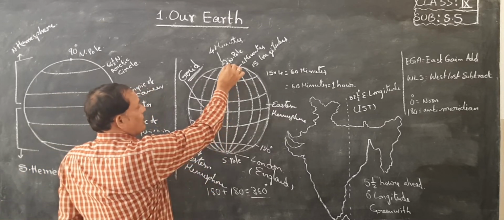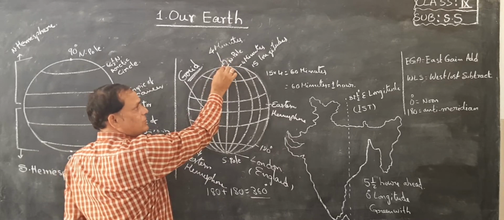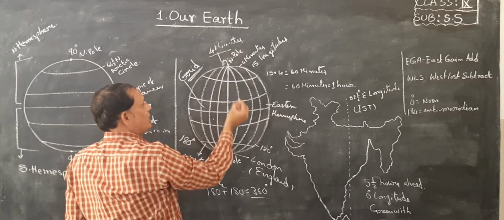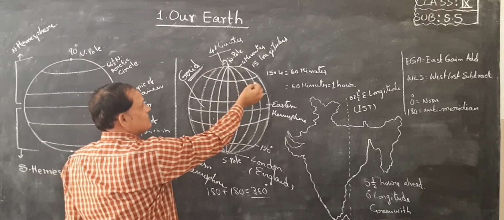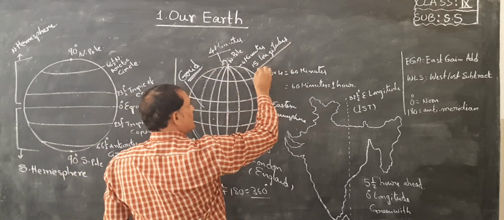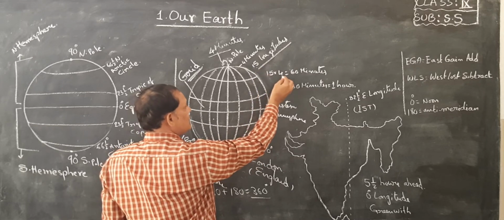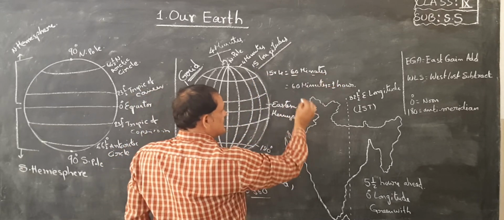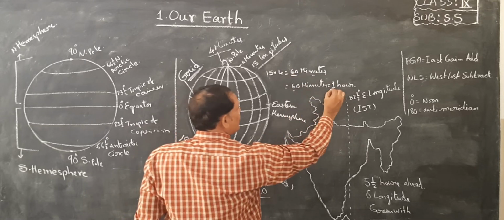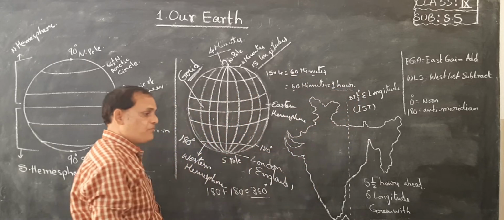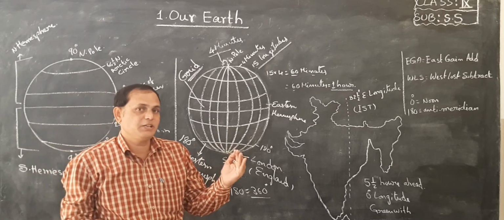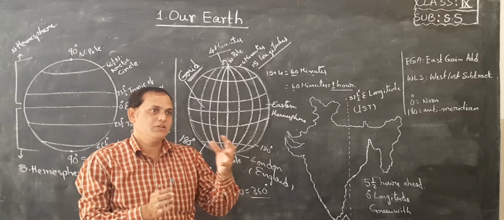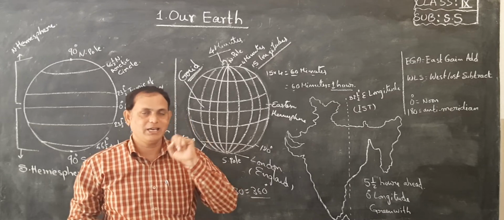From one longitude to another longitude, the reaching time is 4 minutes. One zone means 15 longitudes. Now listen, children. 15 into 4 minutes, how many? 60 minutes. 60 minutes is what? 1 hour. That means the time from one zone to another zone is 1 hour.